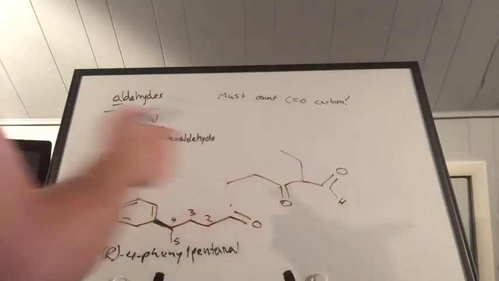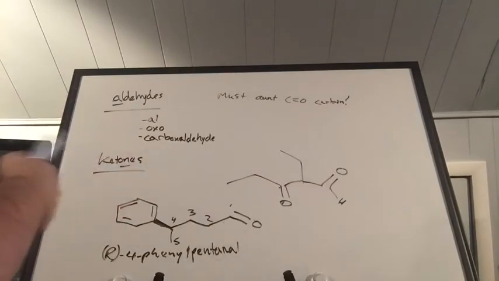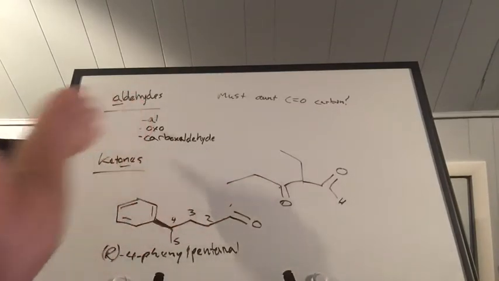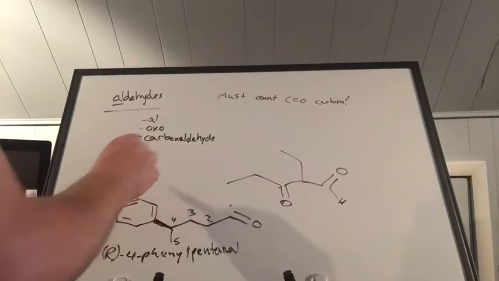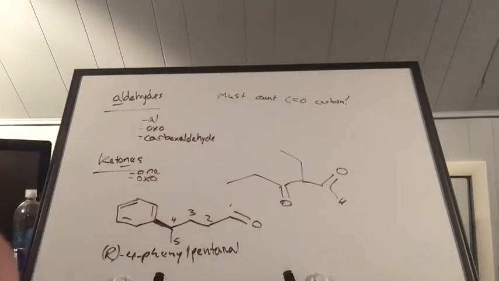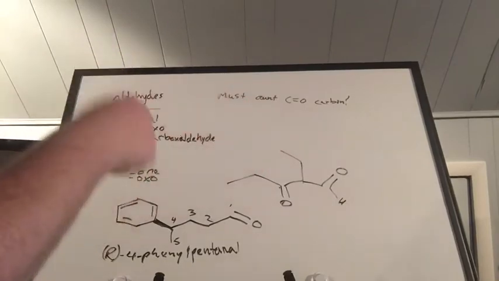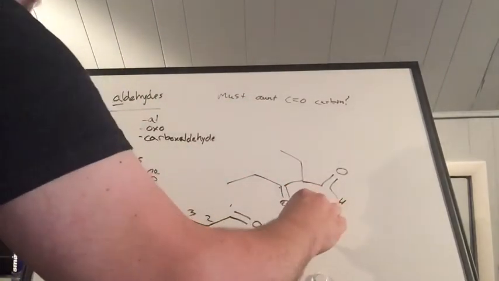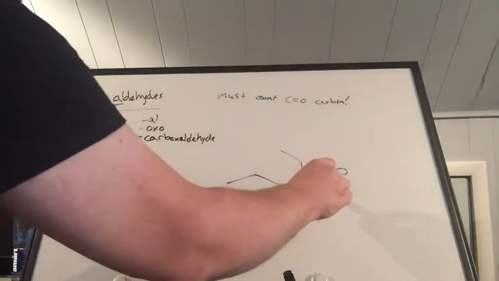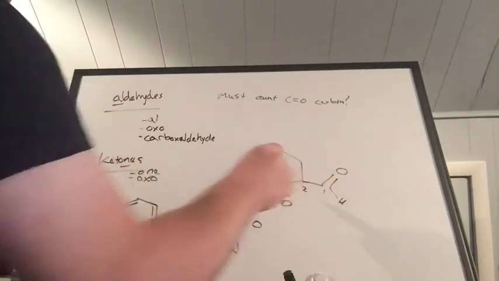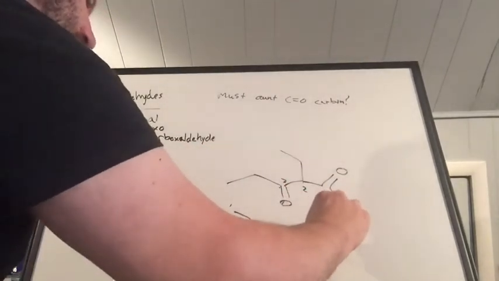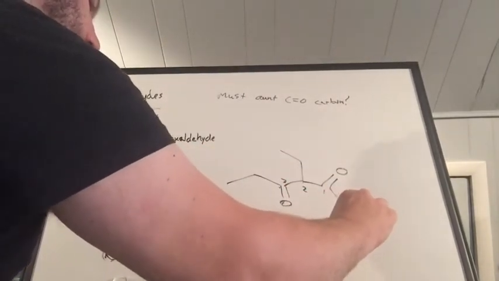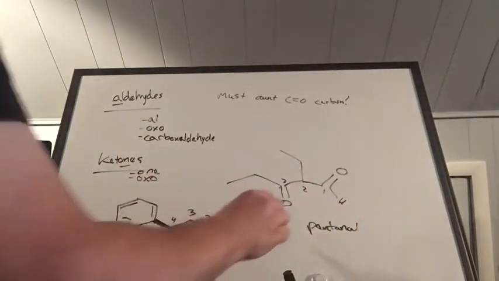Remember, you still want to count where the ketone is going to be. The ketone is going to be oxo. This is going to be oxo, and ONE if it was part of the main chain and it wasn't superseded by something else. But in this case, aldehyde is going to take precedence. So it would be 1, 2, 3, going right to left. So pentanal, 3-oxo.